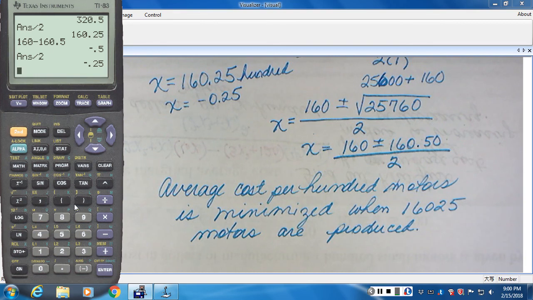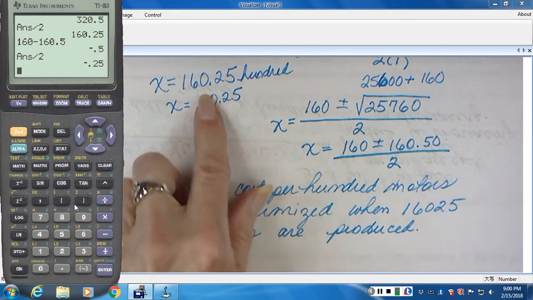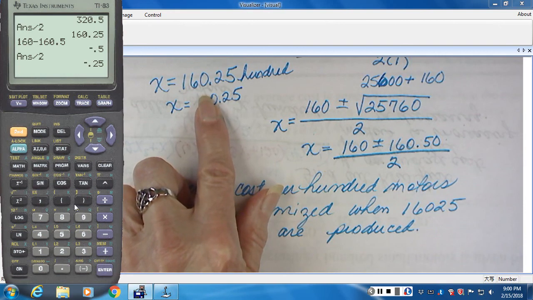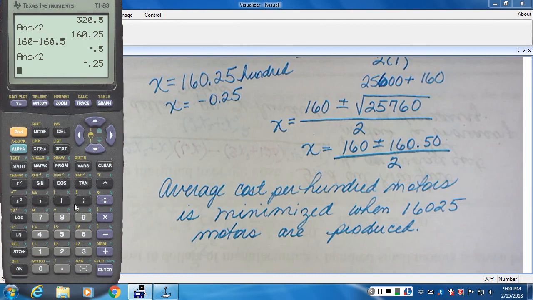Exactly. And so, as long as you have the same general sense of things. But the key was to understand that that number X doesn't tell you the answer to the problem by itself. When you go in and say, well, X is 160.25, your boss looks at you like you have two heads, because he's saying, what? What is this? Minimum average is 160.25.